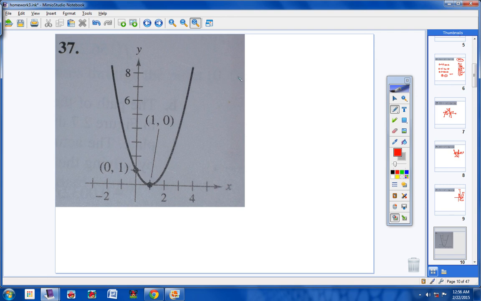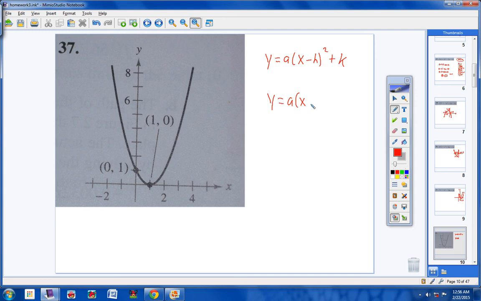We're now going to write the quadratic equation. So remember I taught you, we start off with our model. Okay, now the vertex is 1, 0. There's the vertex. So we know when we go to enter this, we're going to change the sign of the number inside the parentheses.